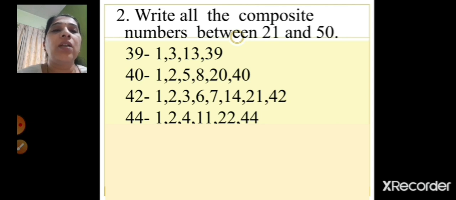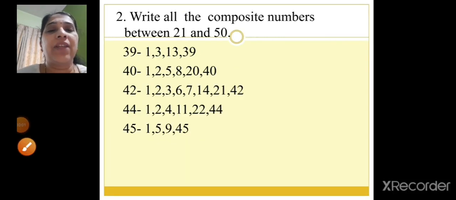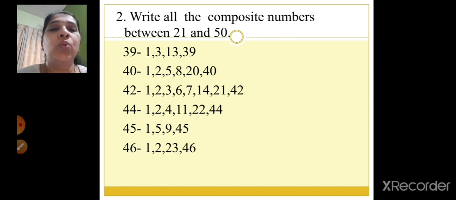44, it has got 1, 2, 4, 11, 22 and 44, right? So it's a composite number. Next number is 45. So 1, 5, 9, 45. These are the factors of 45. So it's a composite number. Next is 46. 1, 2, 23, 46. So 46 is a composite number.